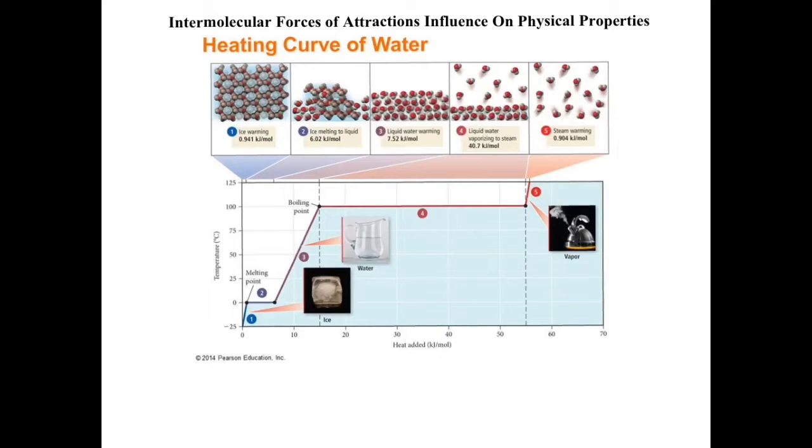And it's best represented by looking at something called a heating curve. A heating curve plots the temperature as a function of the heat that is either absorbed or given off, depending on which way we look at the curve. And so you can use this as a way to calculate the energy that's needed.